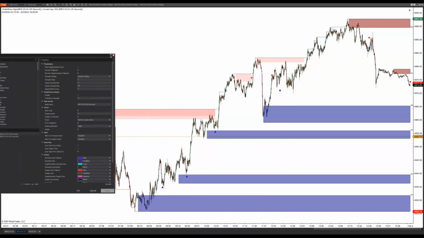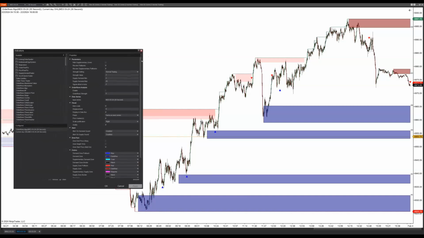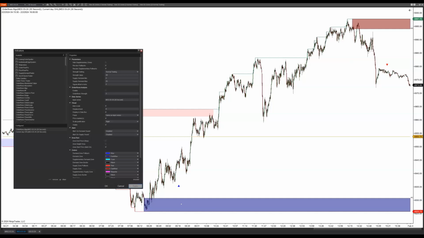This here is set at 7. If you want to go, I don't know, 10, or a very high number like 20, that's a strong one. Now you're just getting the major ones.